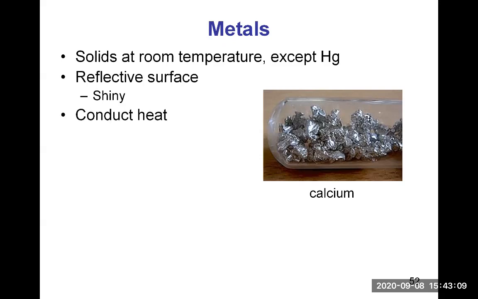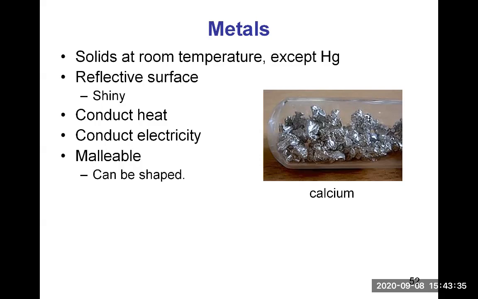They conduct heat, right? Think about all those pots and pans. They are made of metal because they conduct heat. It's helpful. They conduct electricity. Think about copper wires inside electrical wires, right? Copper is used in electrical wires to conduct electricity.